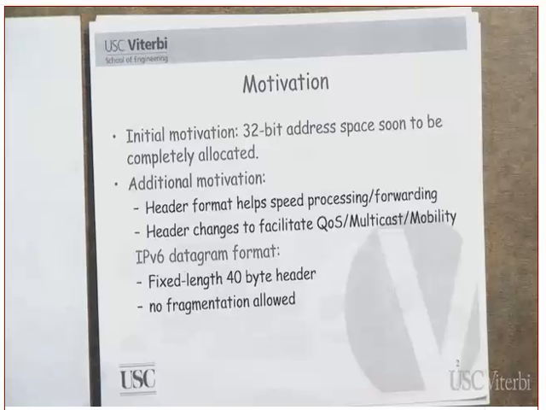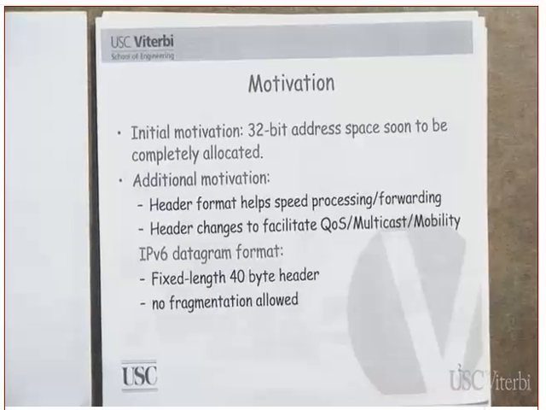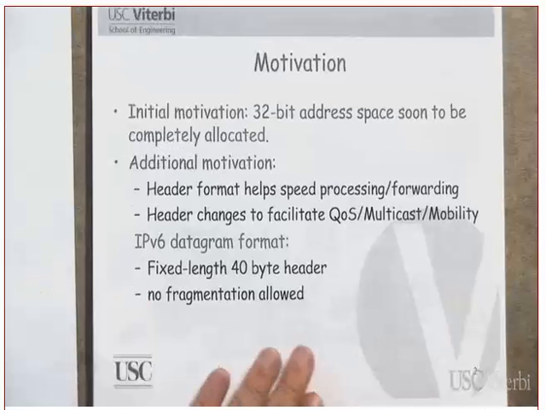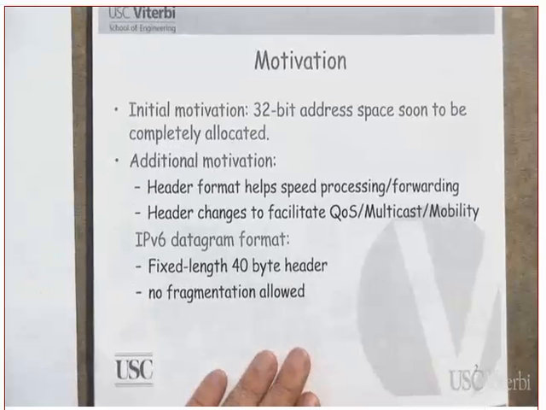At the same time, they said that as long as we are going to be looking at the address, we might as well look at the entire functionality of the IP to see if we can improve some things on the header, for example, to speed things up, as I will show you in just a second, for quality of service, to provide for multicasting, to provide for mobility, and so on and so forth.